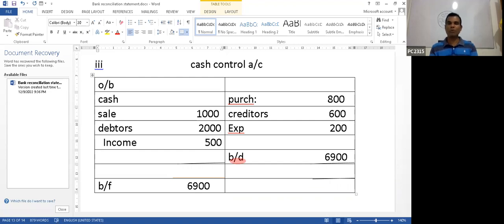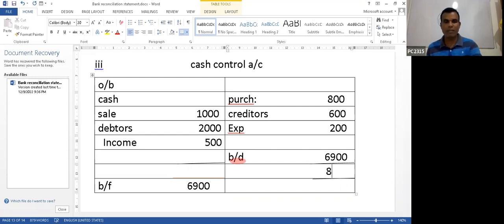Now you can total the value. 6,900 plus 800 plus 600. Total is 8,500.